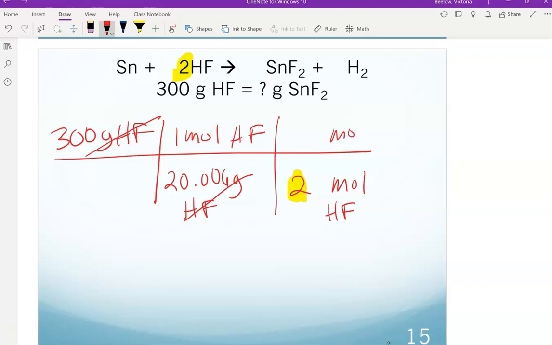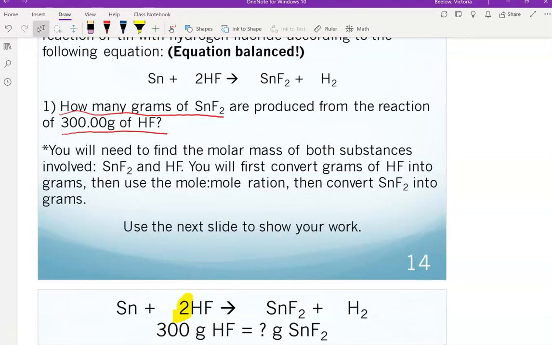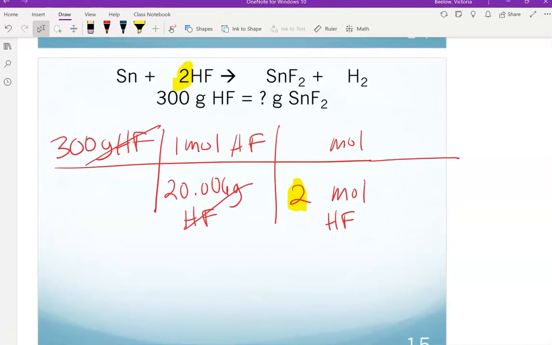And the thing that goes above it is going to be moles of the substance you want your answer in. In this question, I am looking for grams of SnF2, but first I have to convert into moles of SnF2. According to this balanced chemical equation, put a 1 here as a placeholder, we have 1 mole of SnF2.